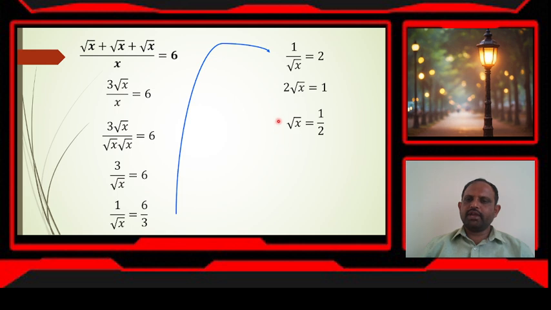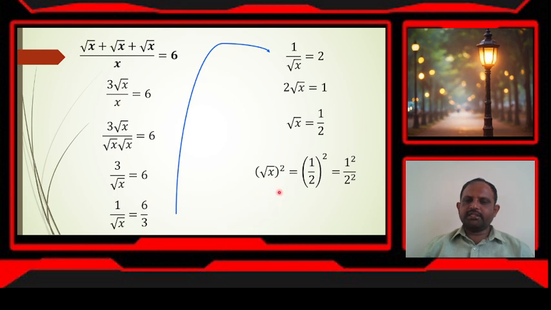Now squaring on both sides: root x whole square is equal to 1 divided by 2 whole square. This 1 divided by 2 whole square we can write as 1 square divided by 2 square. Here square and square root will get cancelled.